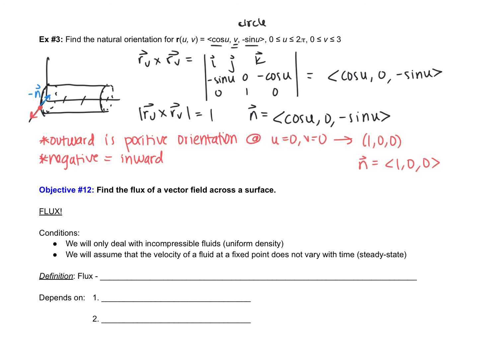Okay, so the definition of flux then is the volume of a fluid that passes through a surface in 1 unit of time.